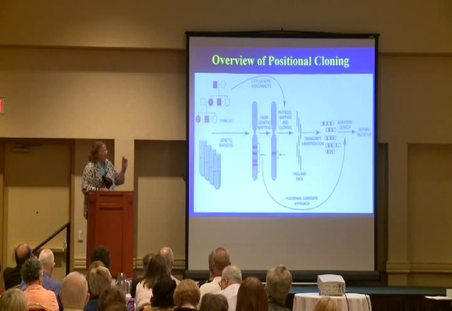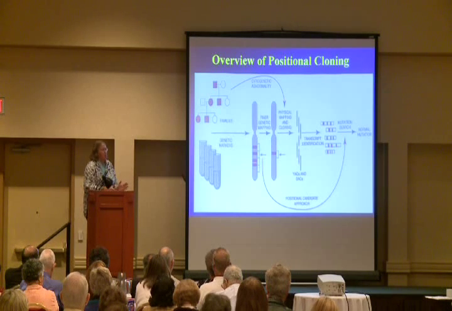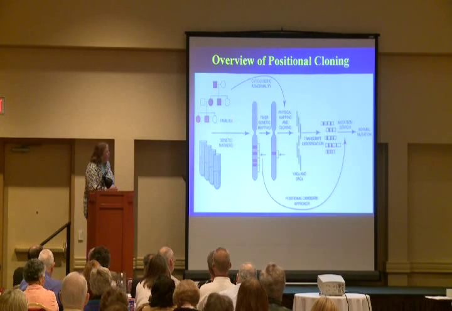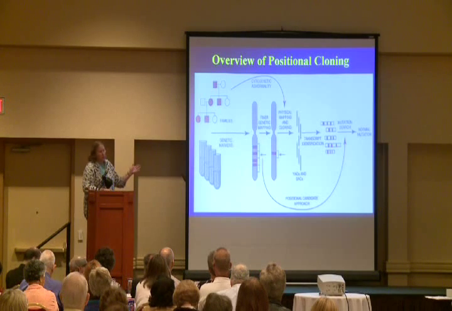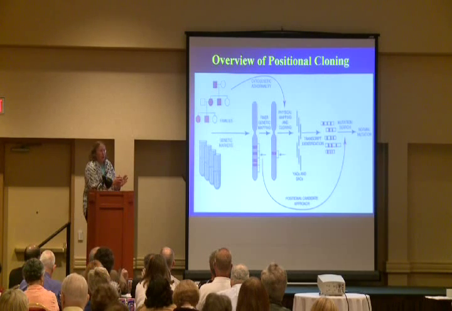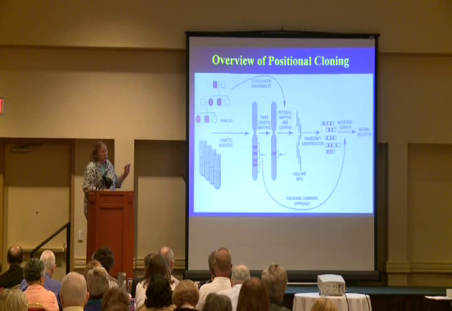That suggests that those particular markers that are showing this inheritance together with the disease are located near the disease gene. And because we know the position of all these different markers on all the chromosomes across the whole genome, when we find one that's linked, that co-segregates, then we know the position of where the disease gene is.